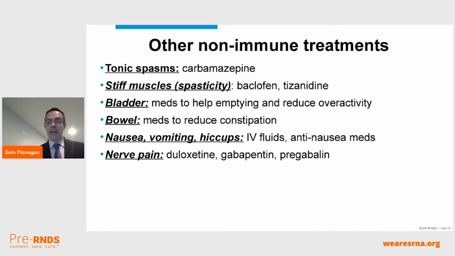We can use medications like baclofen and tizanidine for muscle stiffness or spasticity. We have medications that can help with bowel and bladder function. If patients have that nausea, vomiting, and hiccups that we mentioned earlier, sometimes IV fluids and anti-nausea medications can be given. And then a lot of patients, unfortunately, are left over with nerve pain, and we try to treat those with oral medications like duloxetine, gabapentin, or pregabalin.